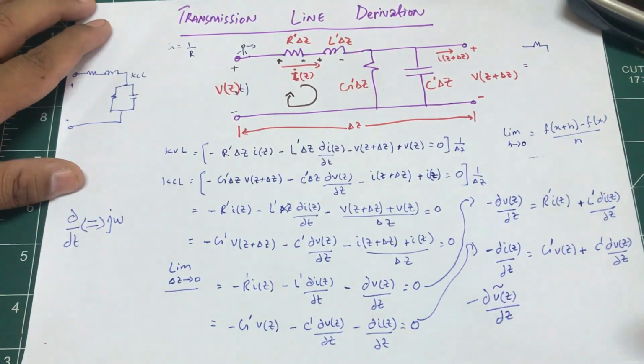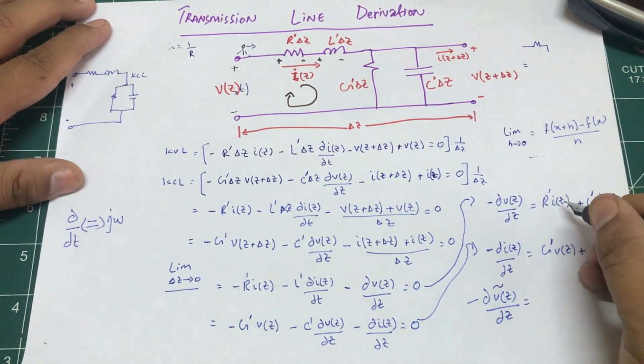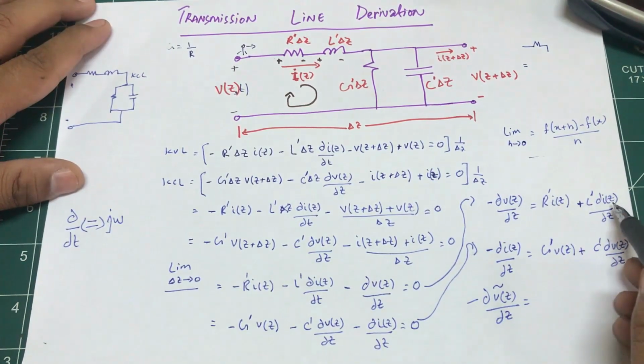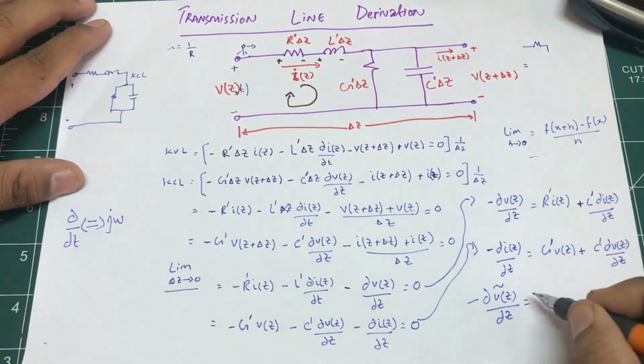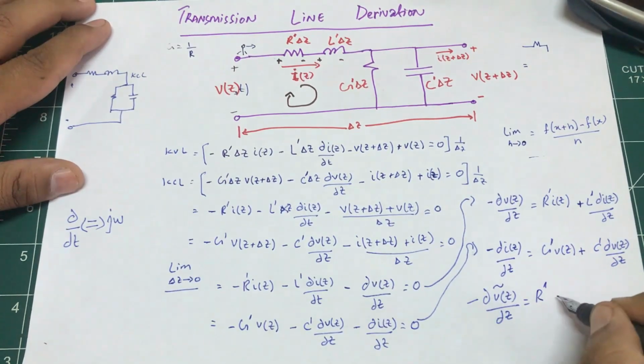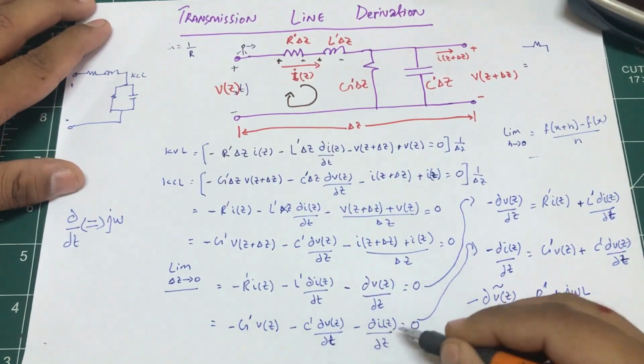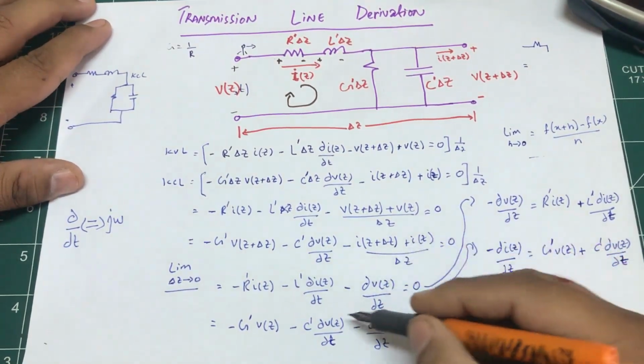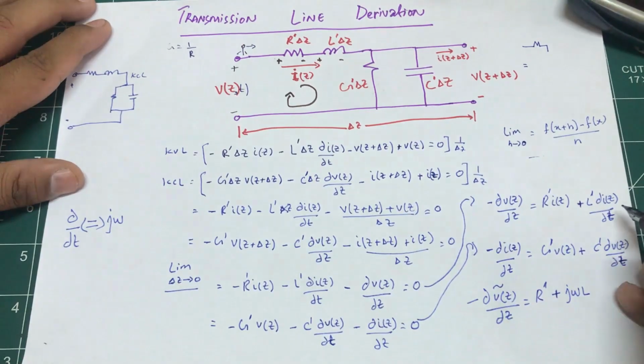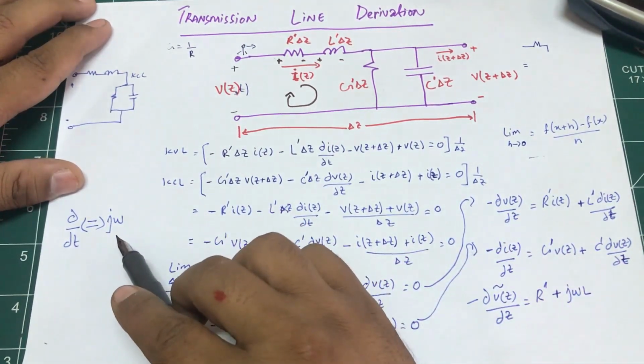Tilde denotes that it's in Phasor form. I of z is common in both of them, so this would become R' plus j omega L', because dI over dt is being replaced with j omega.